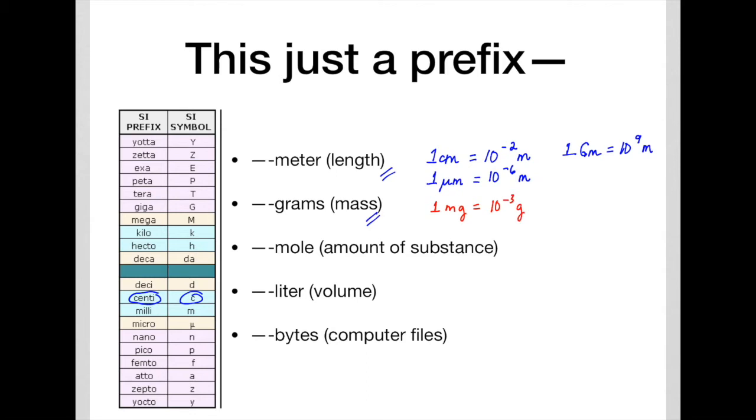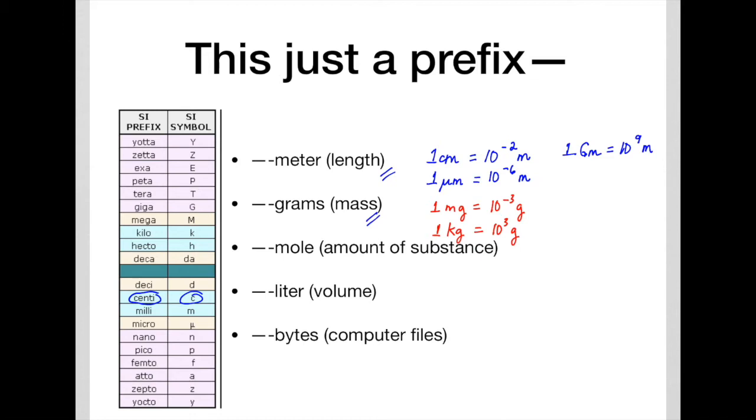Another, 1 kilogram, that is equivalent to 10 raised to 3 grams.